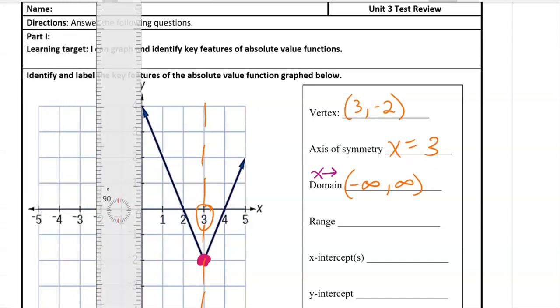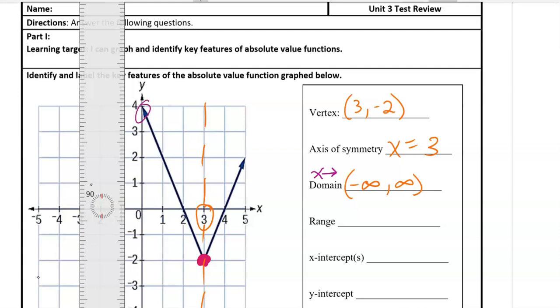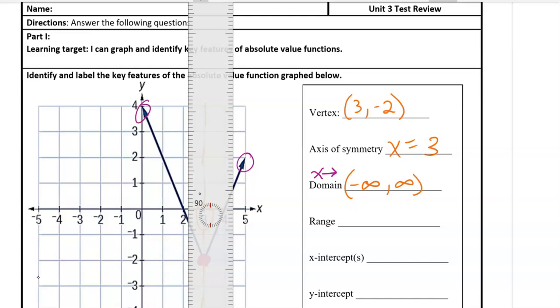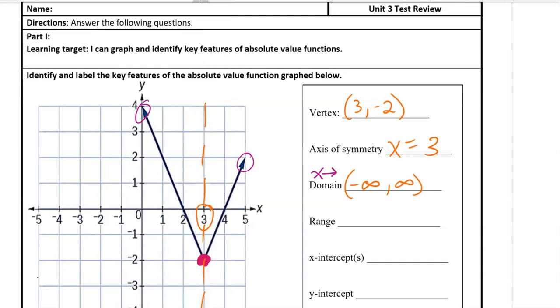And we see that the furthest left point here is an arrow, and the arrow is pointing towards negative infinity. And as we go towards the right, the furthest arrow is going towards positive infinity. So from left to right, our domain is negative to positive infinity. And again, this is for all absolute value functions.